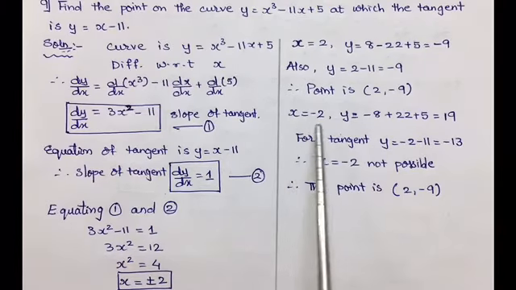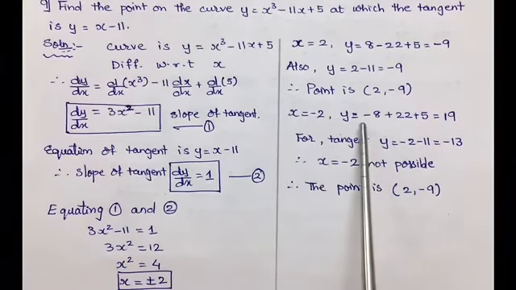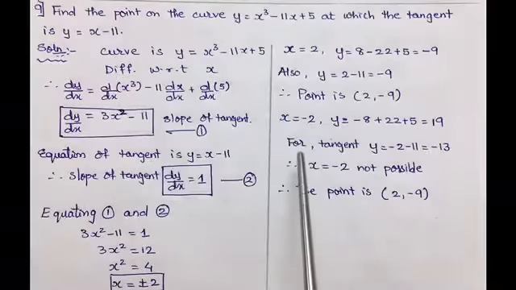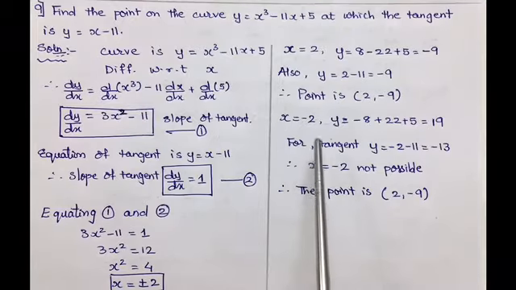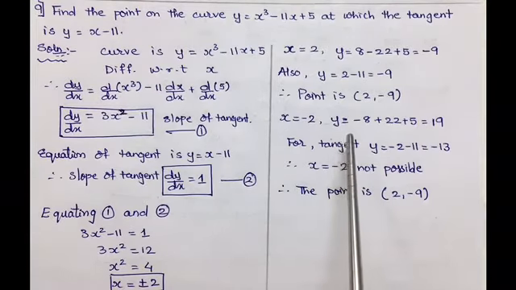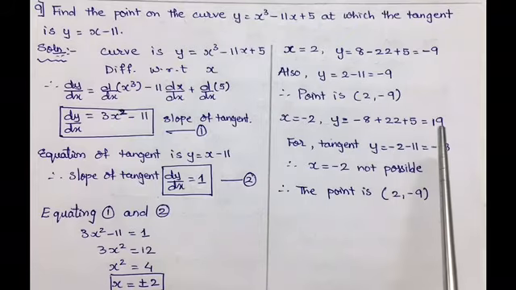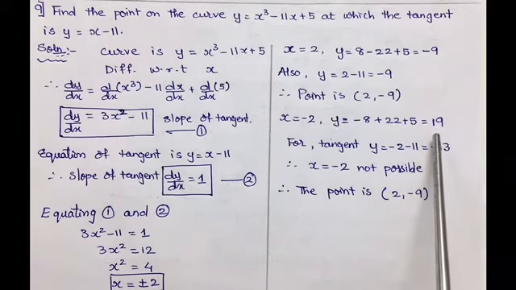Now by taking x equal to minus 2 and keeping it in the equation of the curve, we get the value of y as 19.